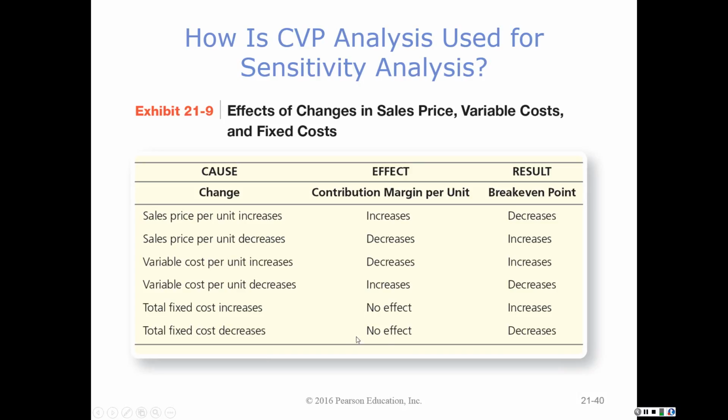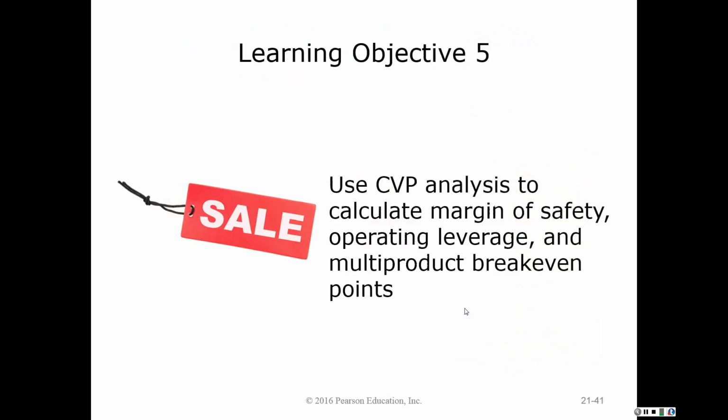So my contribution margin does not change, but the amount of contribution margin that I need to generate to cover my fixed cost does change. So if total fixed cost increase, I'm going to have to generate more contribution margin, which means more sales of more units to break even. Okay, go back and review this. A very good table to show you what those effects are.